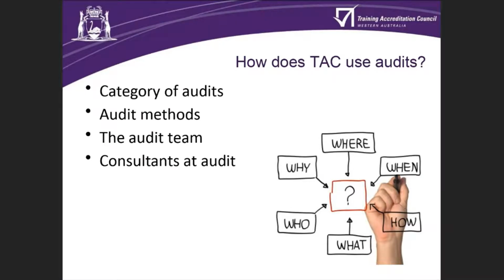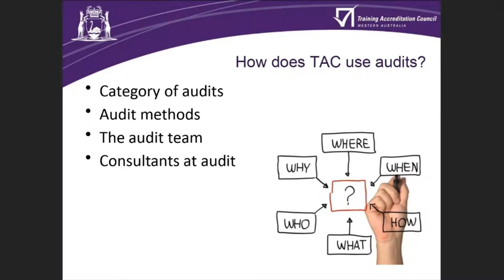Sometimes when you submit an application for either amendment of scope or even re-registration, TAC will also do a risk assessment and say, well, do we actually really need to go in and audit this particular organisation? And there are a number of factors which you can look at and check up on yourself in the TAC risk framework, and that's what they use to determine whether or not they will come in and do an audit if you submit an application of any kind.